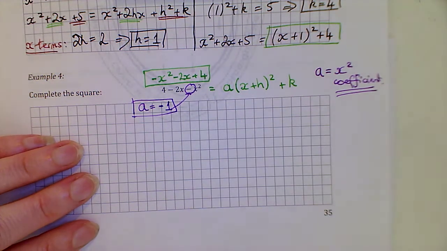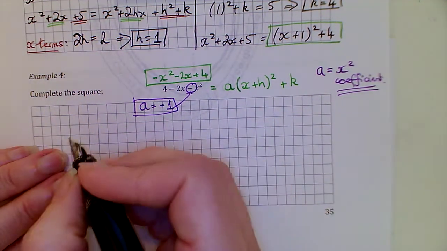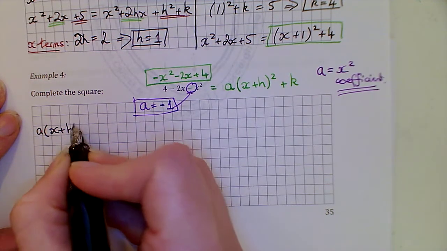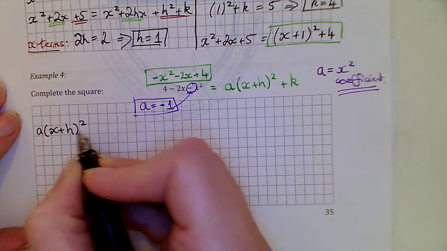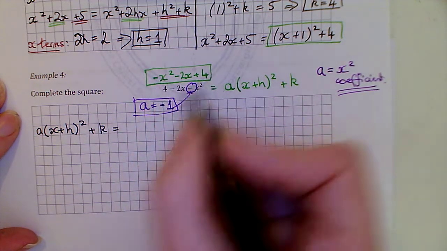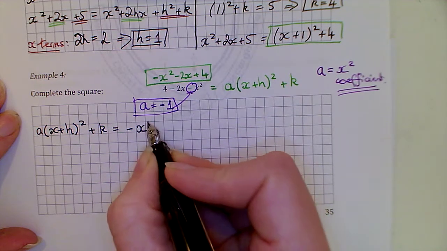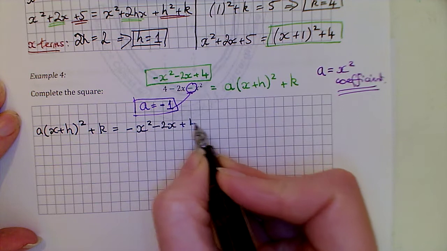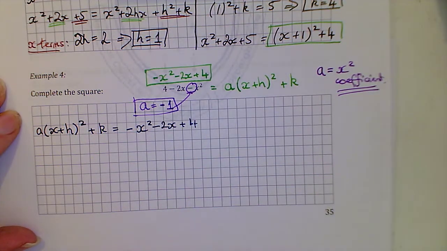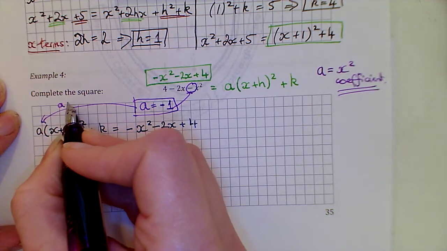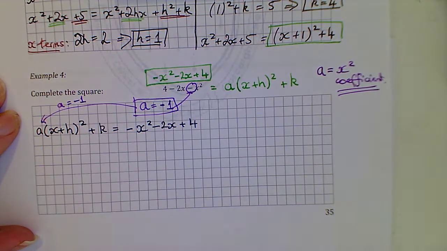So the first thing I write down, where previously I was writing down x plus h squared, I'm now writing down a times x plus h squared plus k equal to, and I'm going to write it this way around so that everything lines up, minus x squared minus 2x plus 4. But I know this value here. I know that that's going to be whatever number is in front of the x squared.